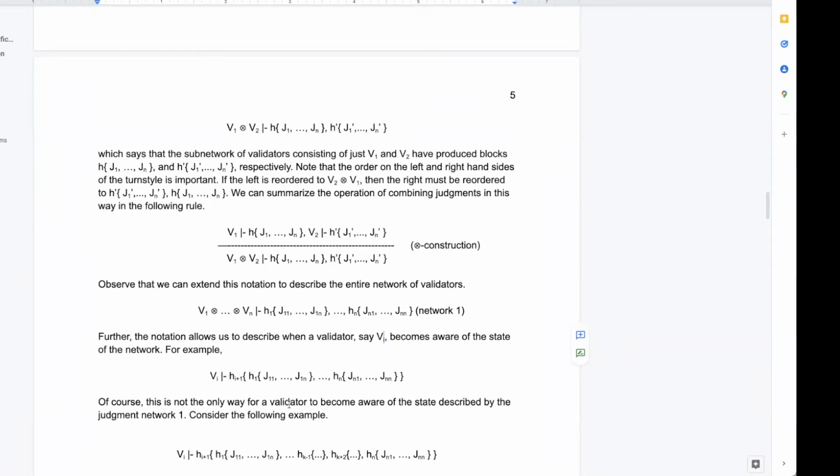But here it's more of identifying validators as separate and unique or distinct from one another. Are we having a new or different interpretation of what a tensor is, or is it still in line with this idea of restricting and limiting? It's still in line.